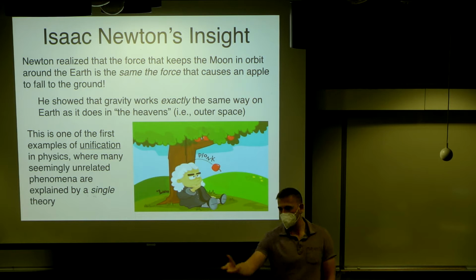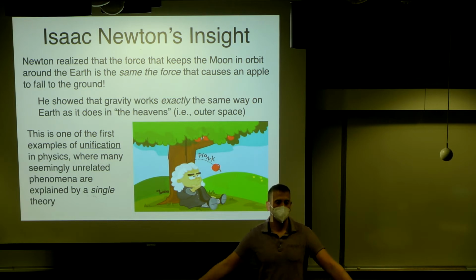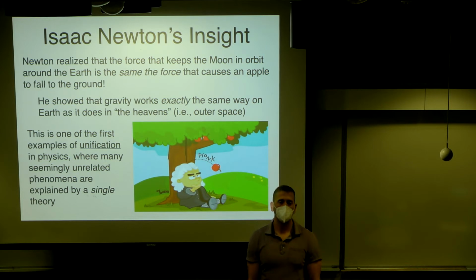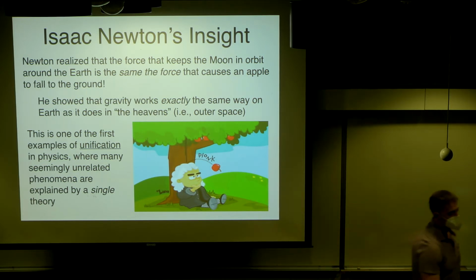For example, electricity and magnetism are really just the same phenomenon. They're two sides of the same coin. That's the big goal of physics, by the way. More and more unification. Try to explain more and more things with fewer and fewer theories. Okay? So that's what Newton is doing here.